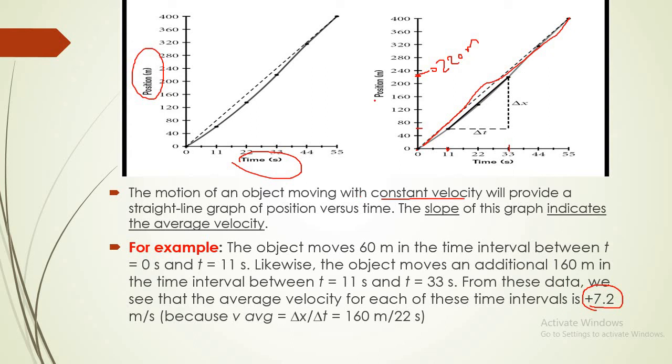Divide the displacement, which is 220 minus 60, by the time interval, 33 minus 11.